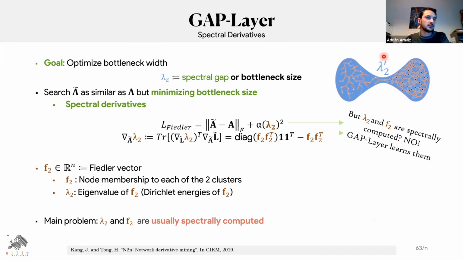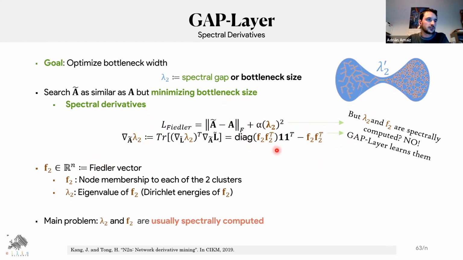The Fiedler value is the spectral gap of your graph, and you define this loss as getting a graph similar to the original one but minimizing the gap, making it narrower. You can compute this and you have the gradients. The main thing about this gradient is that you have to calculate the Fiedler value and the Fiedler vector.